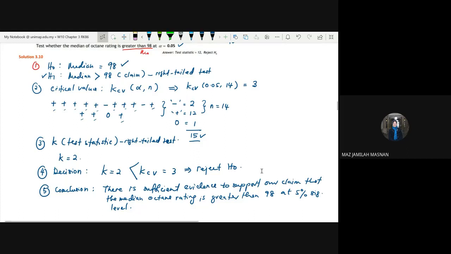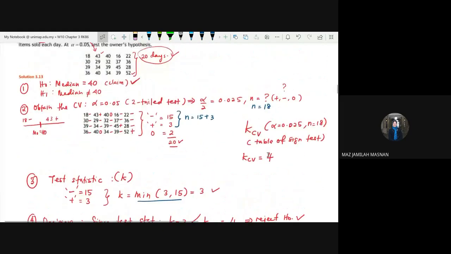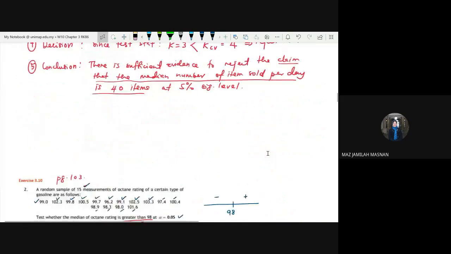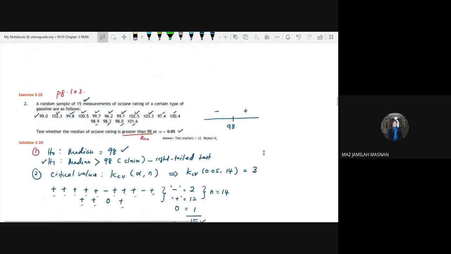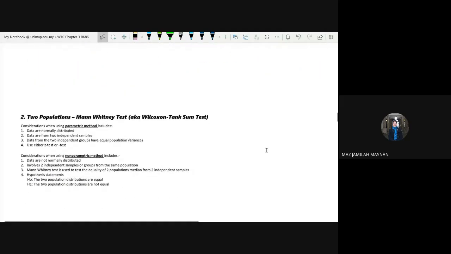And of course, for the decision, you have to remember if the KCV from your table is greater than the K, then it will be reject null hypothesis. So that will be everything about the sign test. Hopefully by having the discussion of the example as well as the exercise questions, I hope everyone can start doing the questions for the sign test.